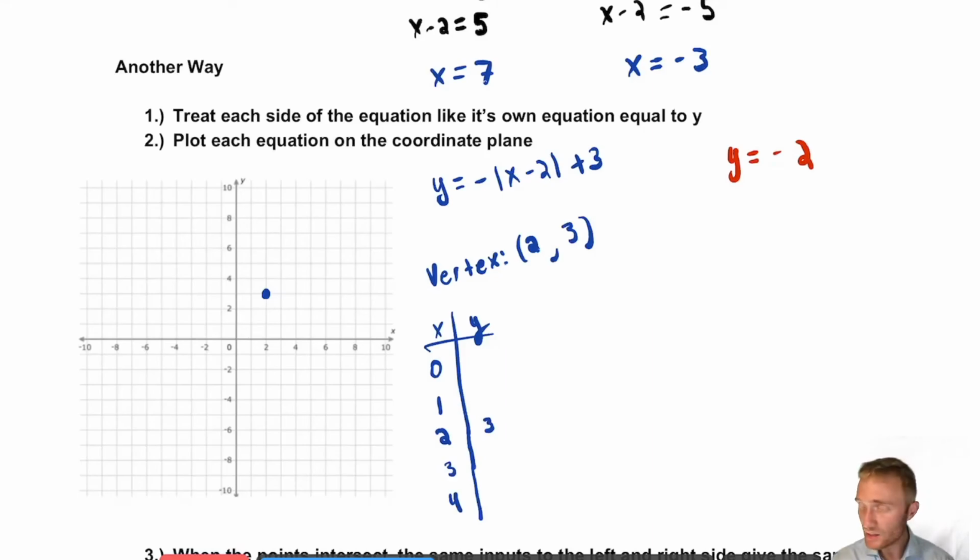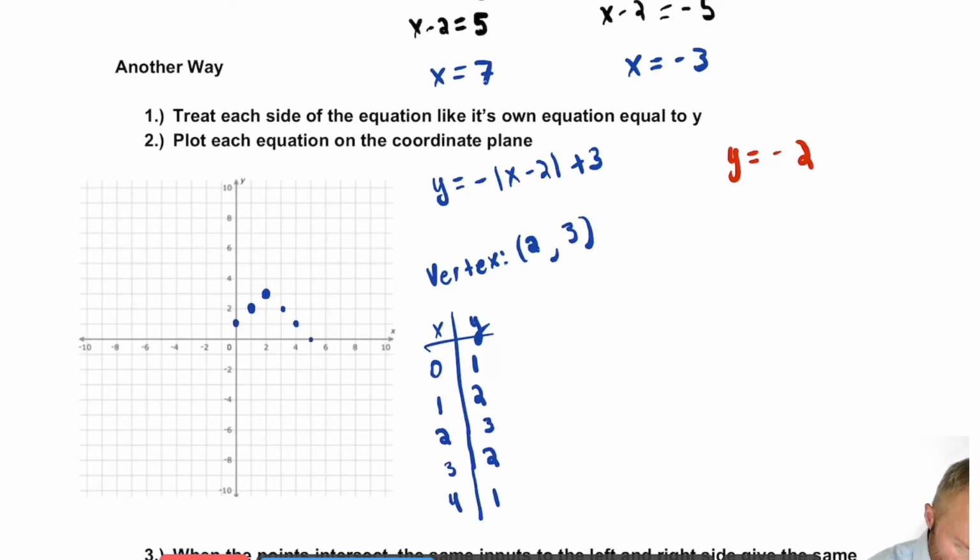If we plugged in 0, we'd have the absolute value of negative 2, that's positive 2, negative 2 plus 3, we'd have 1. Long story short, you could plug all of these values in and wind up with a graph: (0, 1), (1, 2), (2, 3), back down to (3, 2), and then (4, 1), giving us that V shape that we're used to.